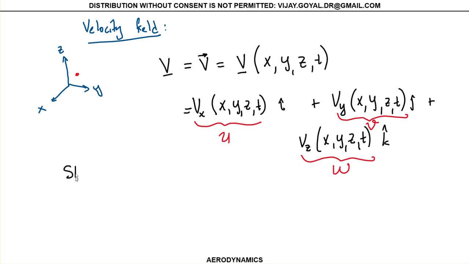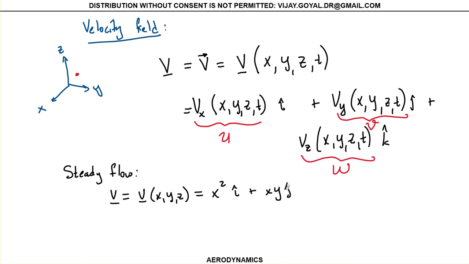As an example, let me give you two examples. If it's a steady flow, your expression can look something like this. V as a function of x, y, and z will be x squared i plus xy j plus 3 times k.